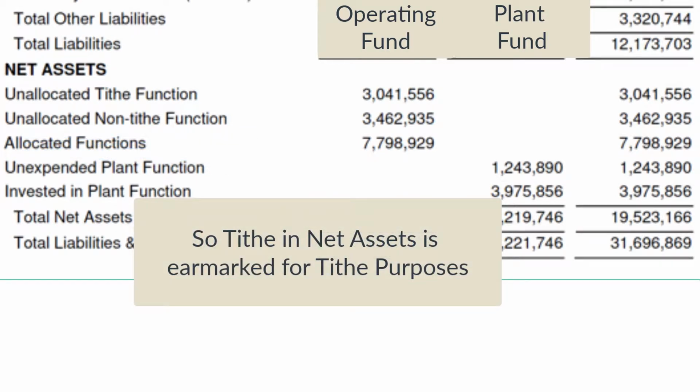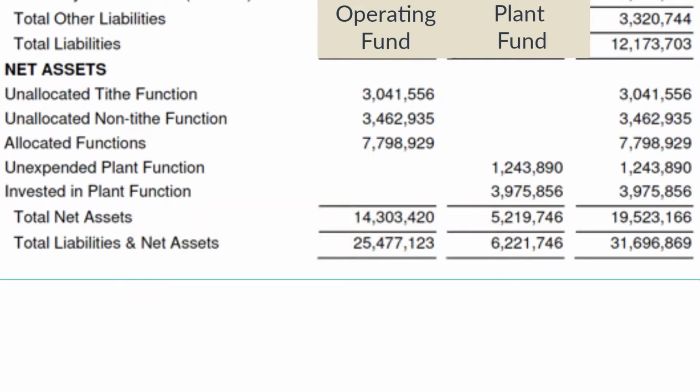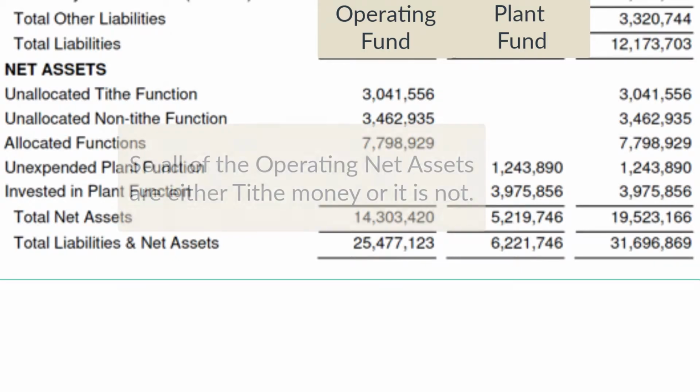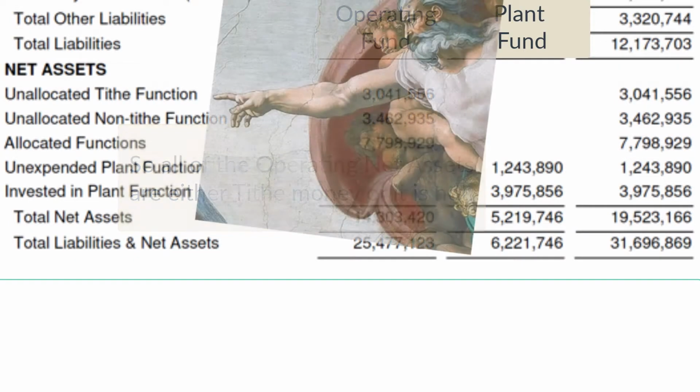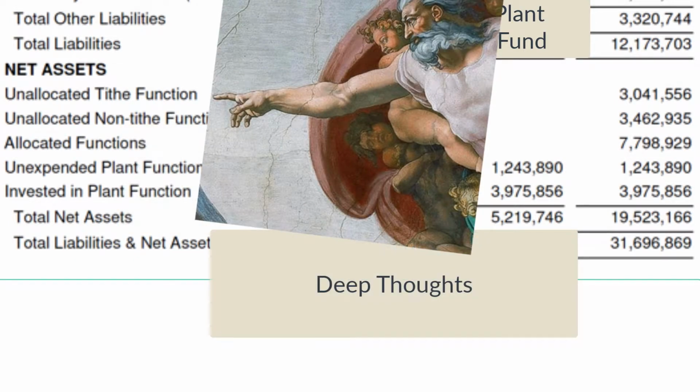The money itself is up at the top in the asset section, but we keep track of where it is headed, in this case to tithe purposes or not tithe, by labeling net assets as either tithe or non-tithe. We're not trying to get too deep in theology here, but it will help us if I say that this tithe money is designated by God as tithe money.